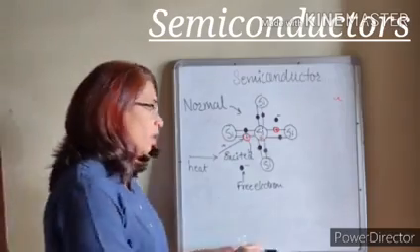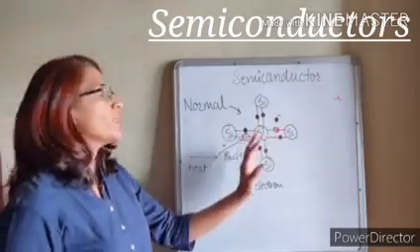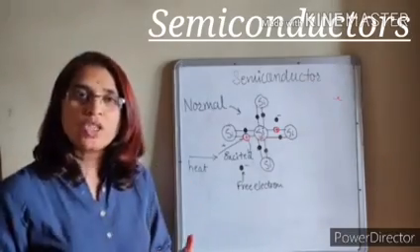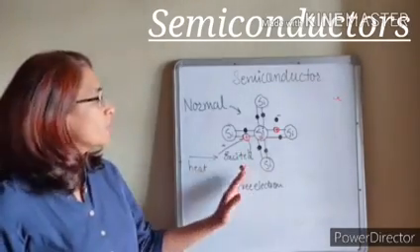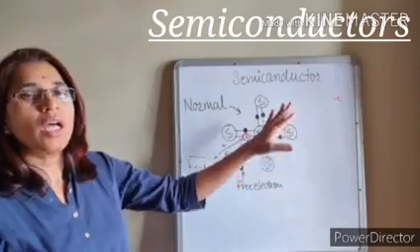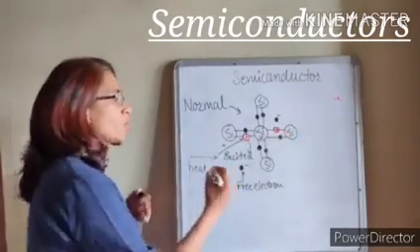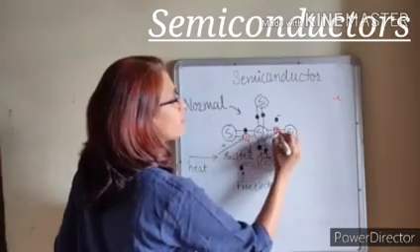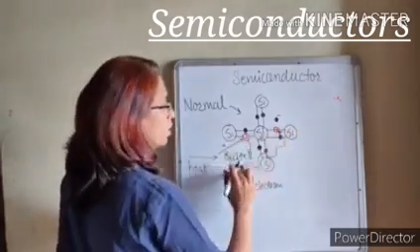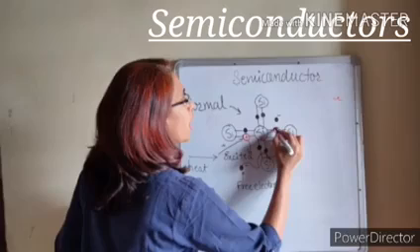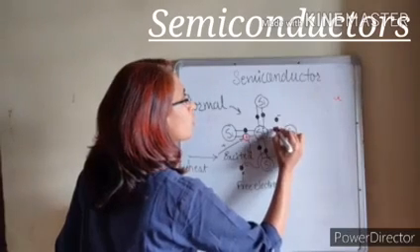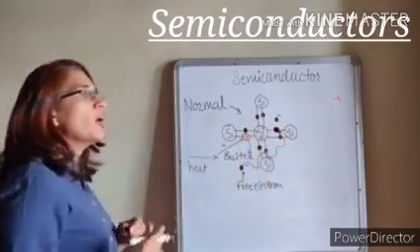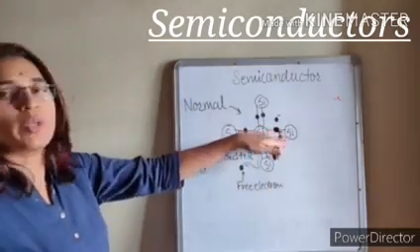Now what happens? These electrons which are free in the crystal after supplying some thermal energy move in the crystal, and after some time, suppose this electron comes here, as this is of positive charge, this positive charge acquires this electron, and here is the recombination.